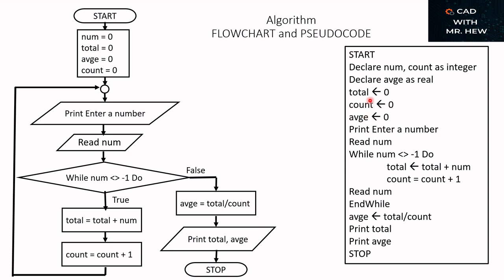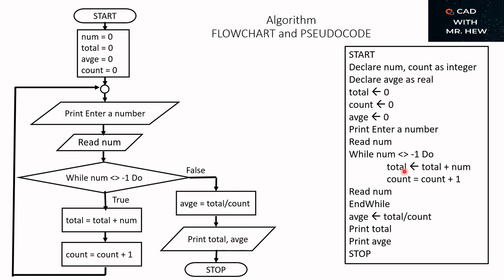Then we're going to print on the screen, enter a number. Then we're going to read from the keyboard the number that the user entered, and we're going to store it in the variable num. While the variable num is not equal to -1, which is a sentinel value, we're going to repeat this set of statements until the user enters -1.